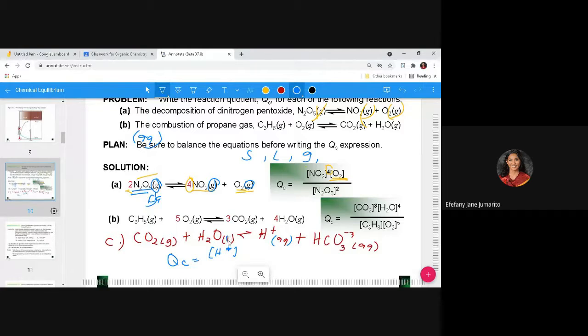Then we have also the L here. This one means liquid. What about the solid? We have solid, S. Now we also have aqueous, AQ. AQ, class, is your aqueous solution. It means that it's a liquid, and mostly the solvent there is water.